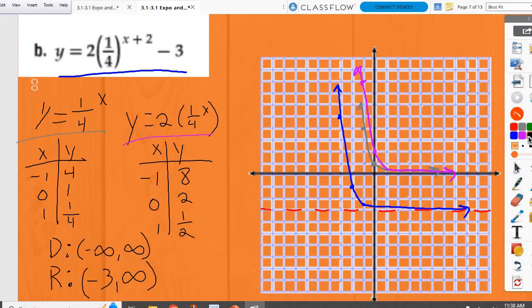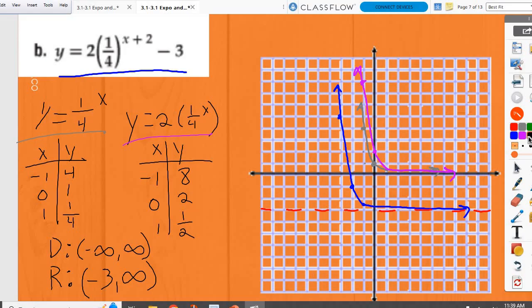If you want to skip straight to the blue graph, that's fine, but make sure you are plotting correct points, because that's usually the biggest thing that I see is people just want to plug it in their calculator, which is fine, but I am still looking for those 3 key points and making sure that your asymptote is clearly labeled. Because if you just have it curved off at the bottom, but I can't tell where you're trying to put your asymptote, you're not going to get full credit for that. Does that make sense?